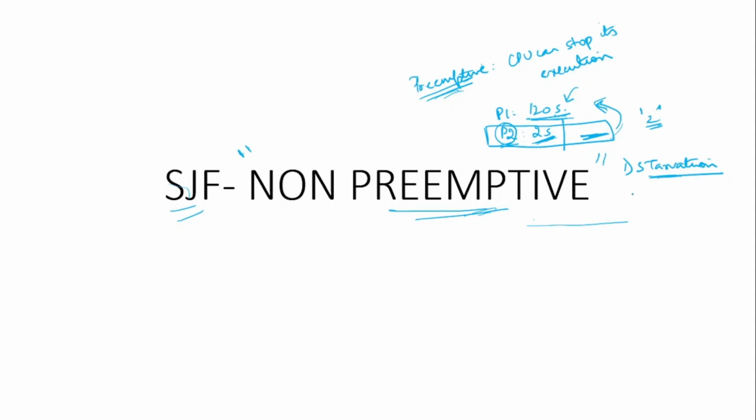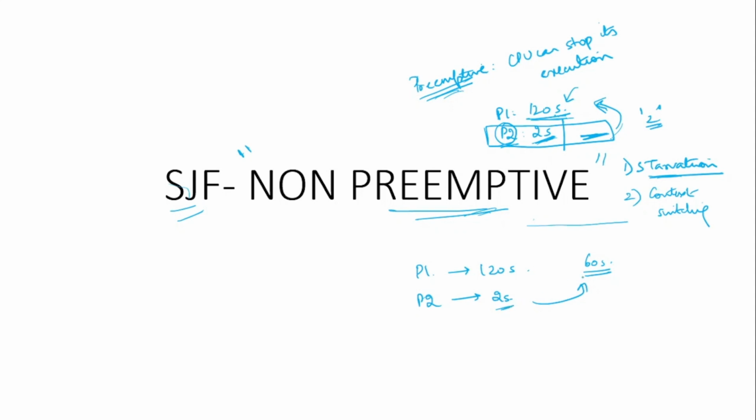Now the second important part which needs to be discussed here is context switching. Context switching means, suppose I have P1 and P2. P1 takes 120 seconds and P2 takes 2 seconds to execute. Let's say I am executing P1, and after 60 seconds P2 comes and needs the CPU.